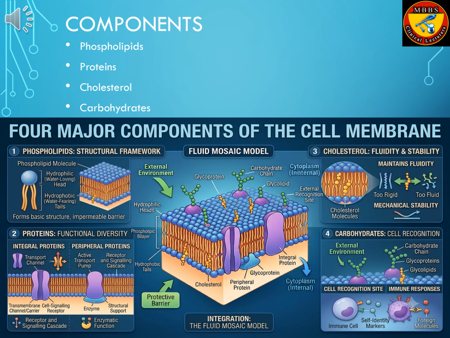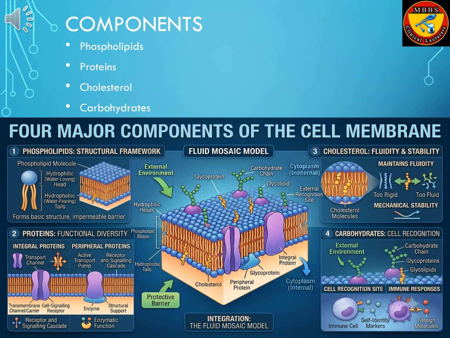Components. The cell membrane consists of four major components. The first component is phospholipids, which form the basic structural framework of the membrane. The second component is proteins. These proteins may be integral proteins that span the membrane or peripheral proteins attached to its surface. They function as channels, carriers, receptors, and enzymes.